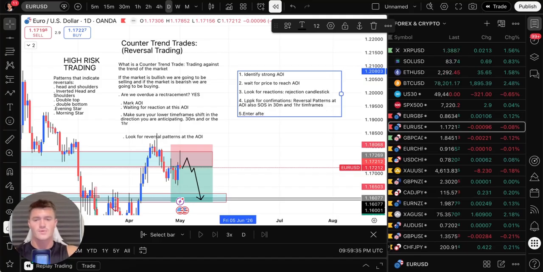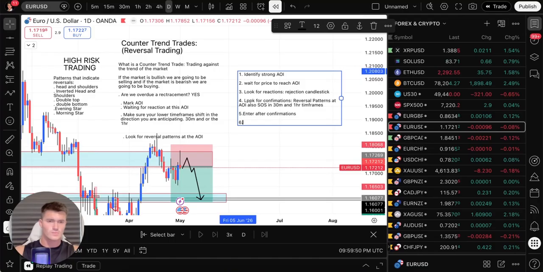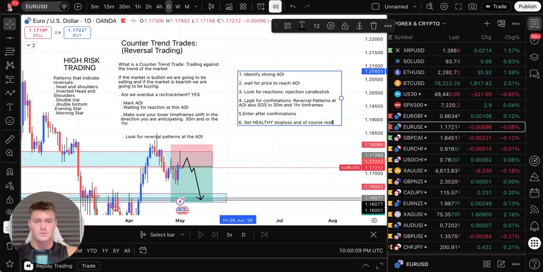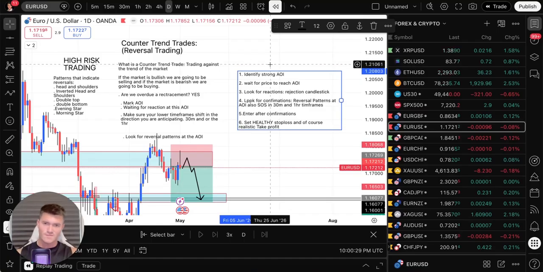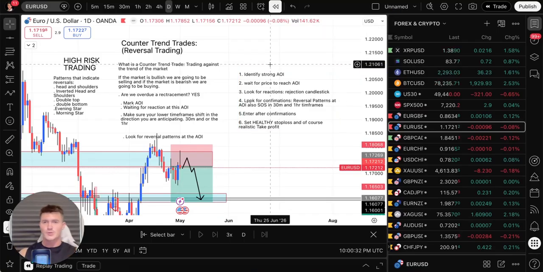Enter after confirmations. Six, set healthy stop loss. And of course, realistic take profit. Okay. So that is what you need to be looking for in order to enter a counter trend trade.